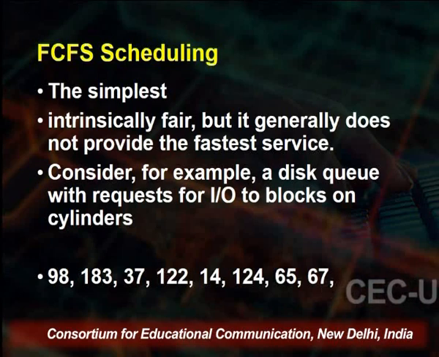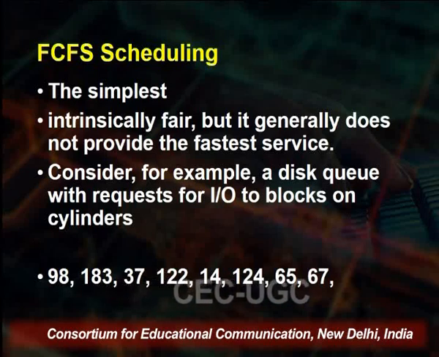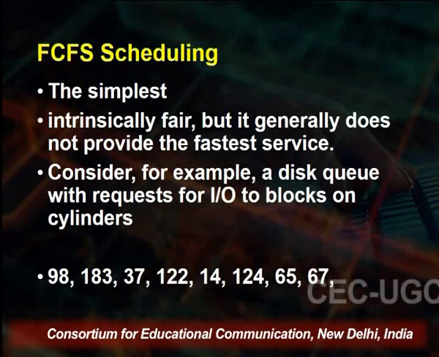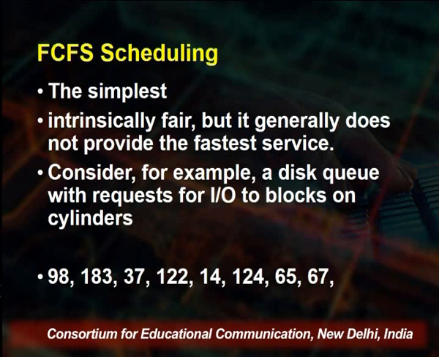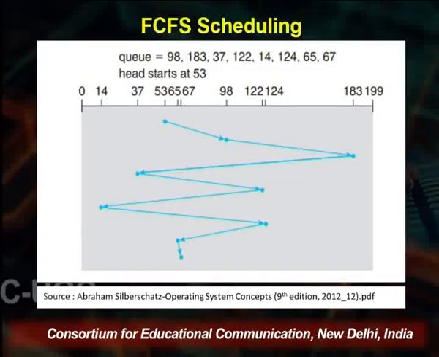Now, first come first serve scheduling says access the request as and when it comes, in the order in which it is coming. So, the request which comes first will be accessed first, and hence it is the simplest scheduling. Let us see how it actually happens. Here we have a queue in which the requests of the cylinder numbers 98, 183, 37 and so on are there.